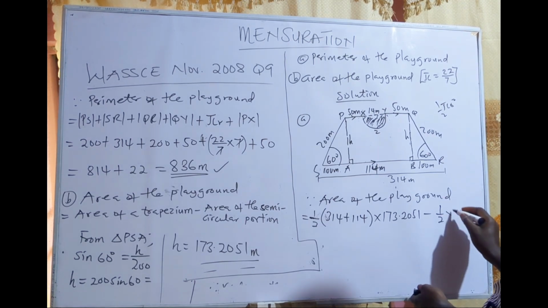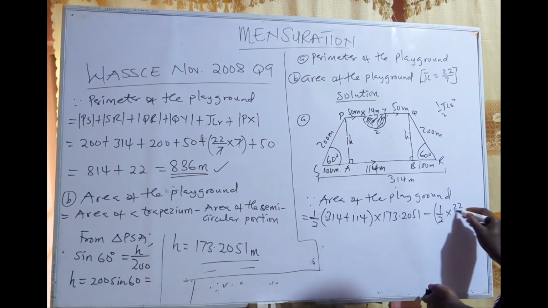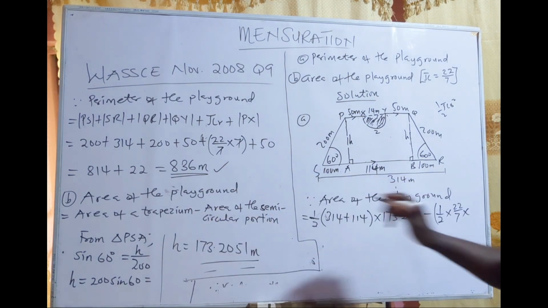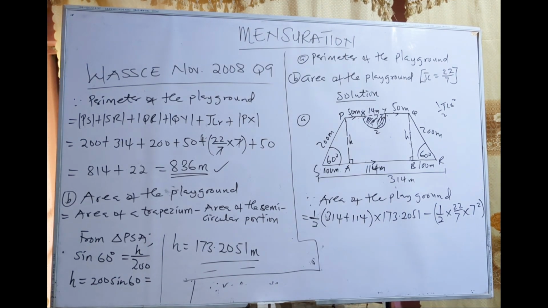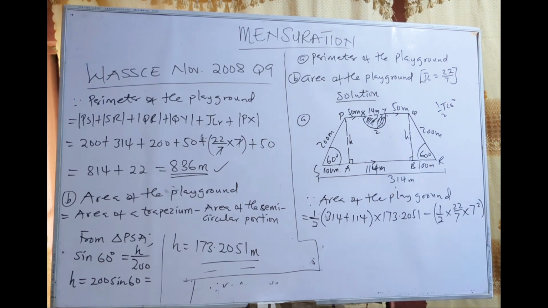So half times pi, which was given as 22/7, and the radius is 7.